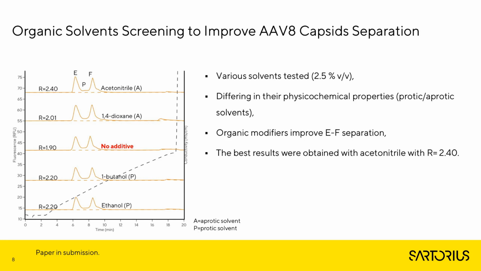Mostly, as we can see, the organic modifiers improve the empty and full separation. This is the chromatogram in the middle, where no organic solvent was added into the buffers. The best performer we obtained was acetonitrile, so acetonitrile was then selected for further studies.